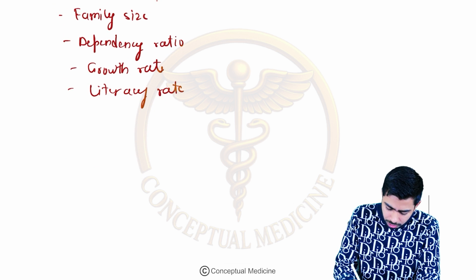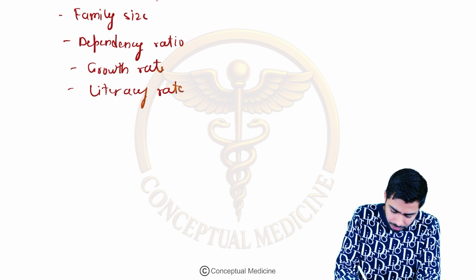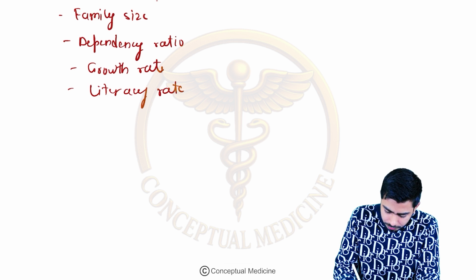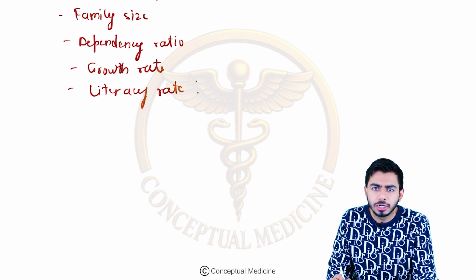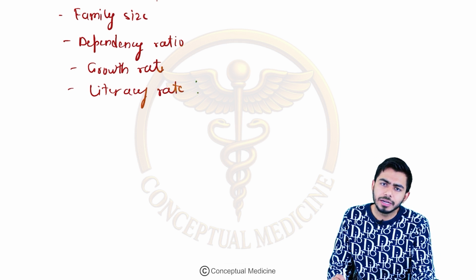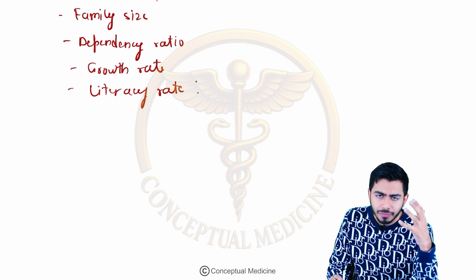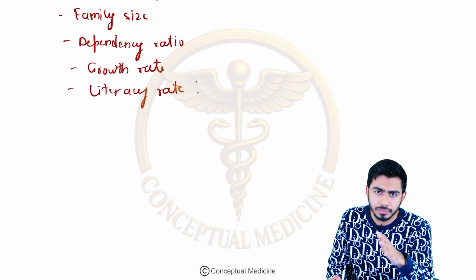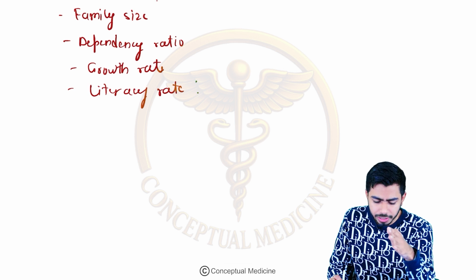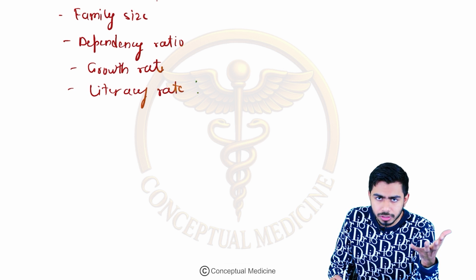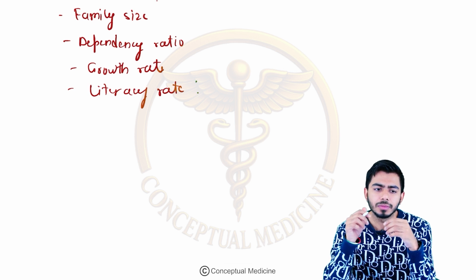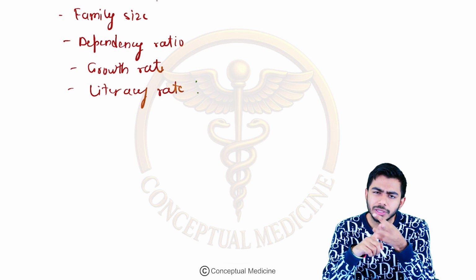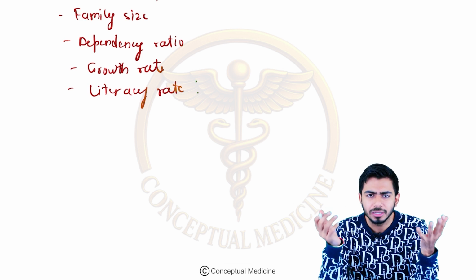If you talk about the literacy rate, then literacy rate says the number of adults who can read and write in any kind of language. For example, the language could be Hindi, English, Punjabi, or anything.